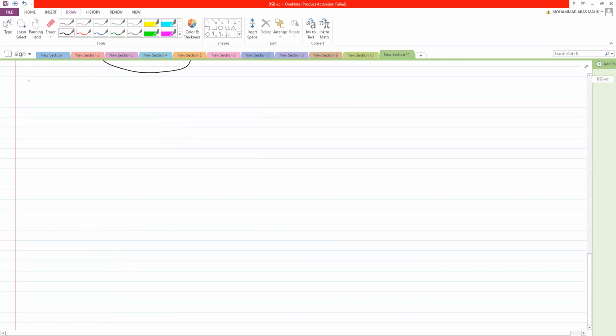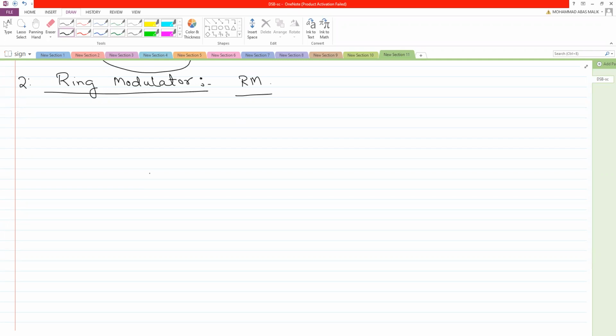So the second one by which you can generate this is the ring modulator, also called RM. Before analyzing how you can determine the double sideband suppressed carrier, I will just draw the figure for the same, the circuit diagram rather.